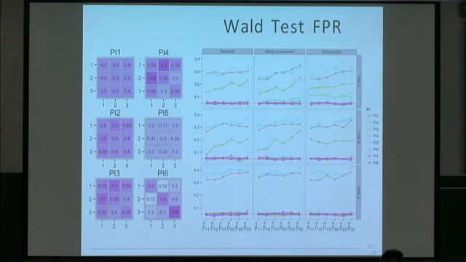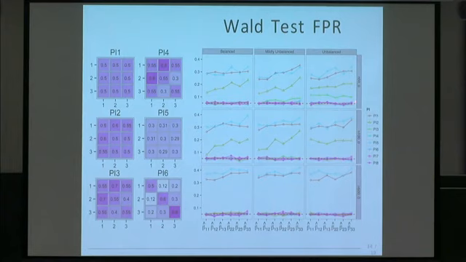And so just showing you the null hypothesis false positive rate control, you see that on these punishing cases, P1 and P5, as the number of nodes grows from 50, 100 to 500, they just never work, because there's no structure to identify. But in all the other cases, even with as few as 50 subjects, we're getting false positive control in the expected area, except for these really tough networks.